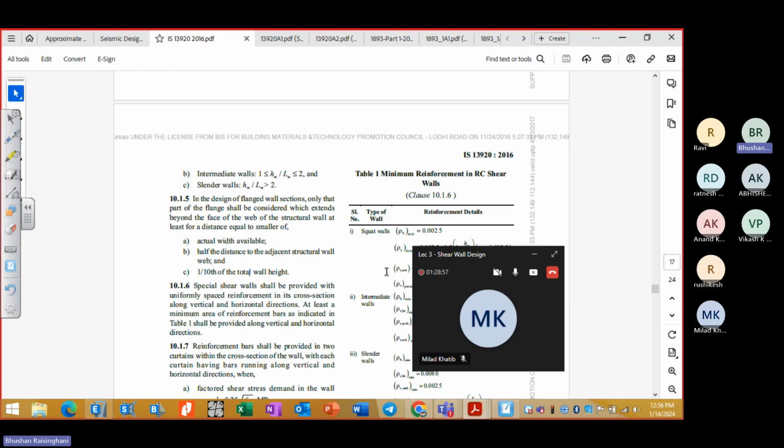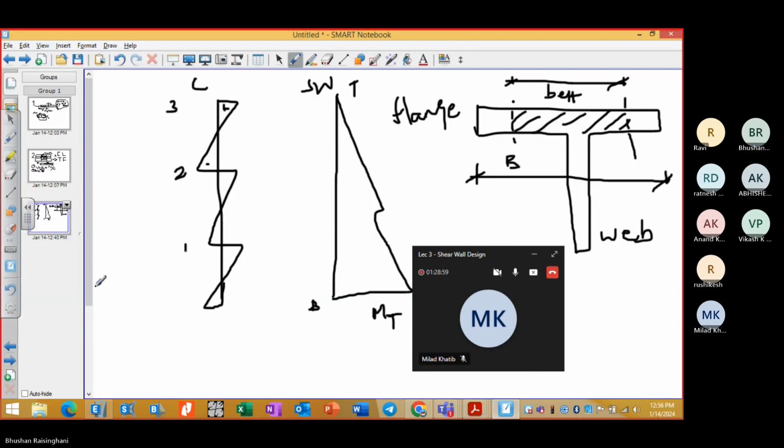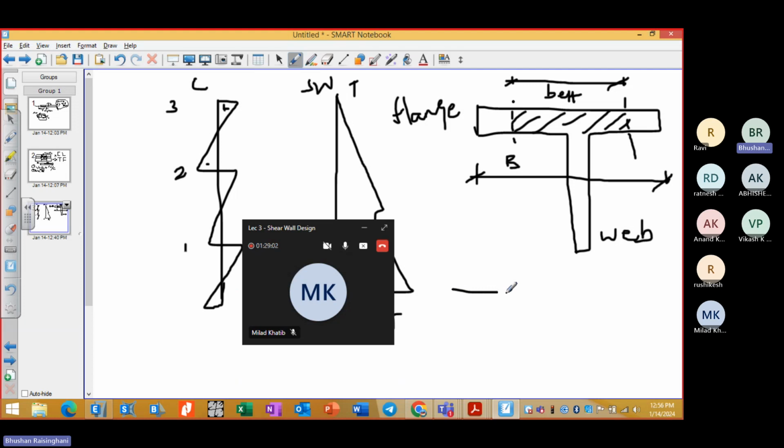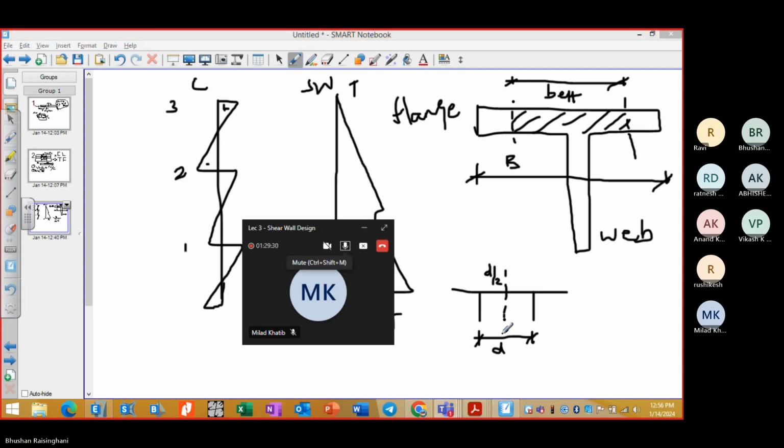So if there is a wall nearby, if these are the two webs, then half the distance between the two webs, let's say the distance is D, so D by 2 you will consider, half the distance between two adjacent webs of the flange walls, the same on the other side.